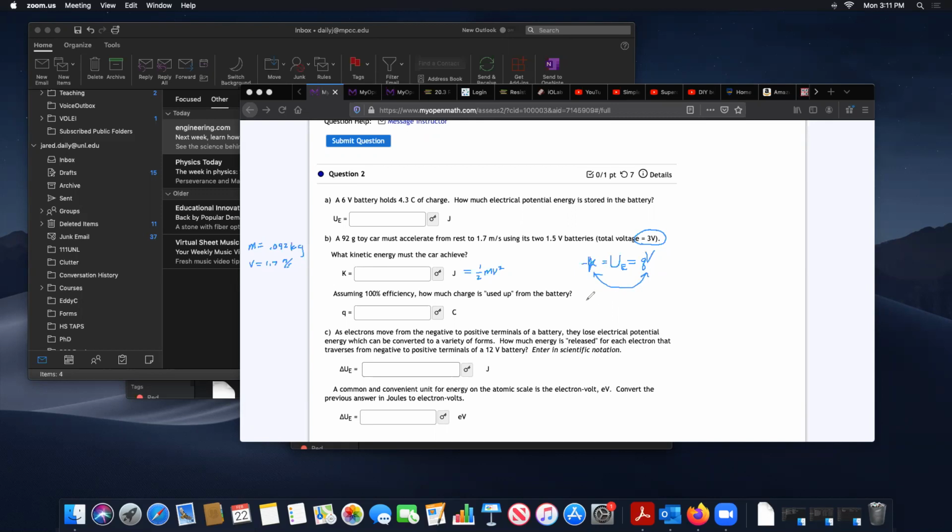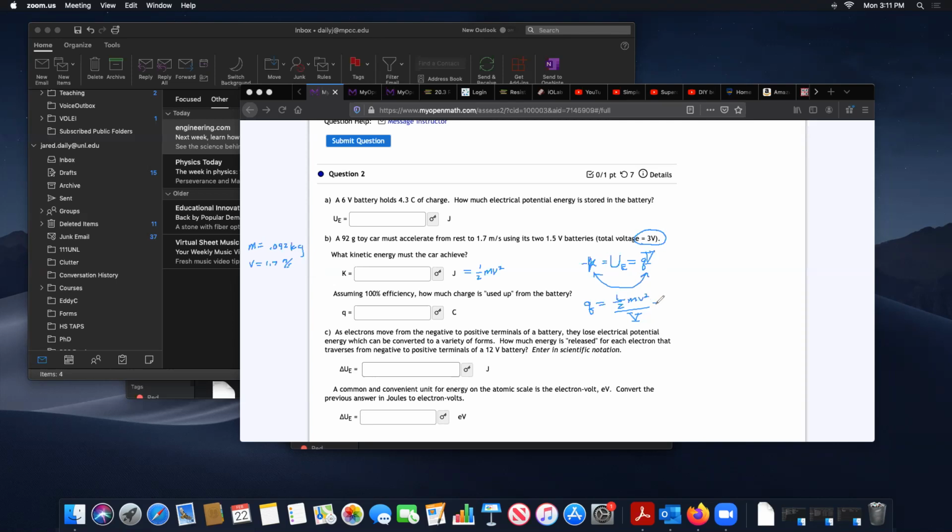So what we do is we solve for Q here, and we get Q equals the kinetic energy, which is 1/2 mv squared, divided by V, not Q, divided by V, where big V is the voltage, and little v is the velocity.